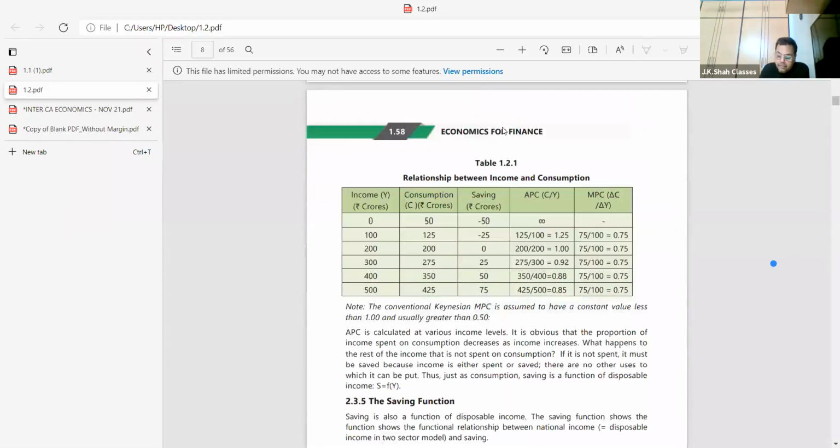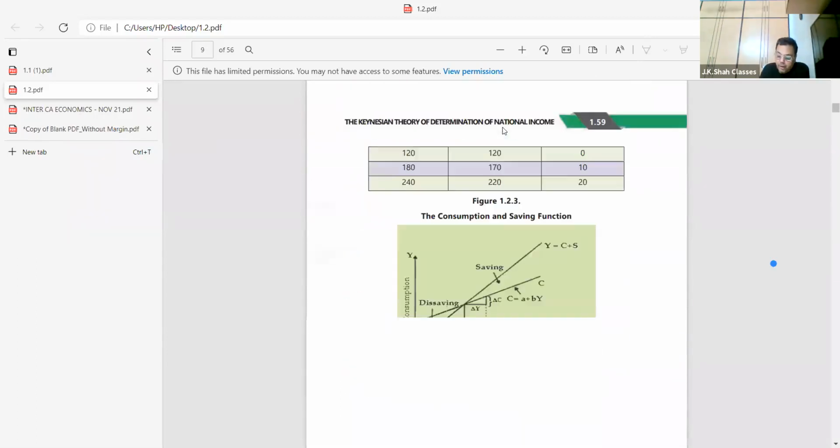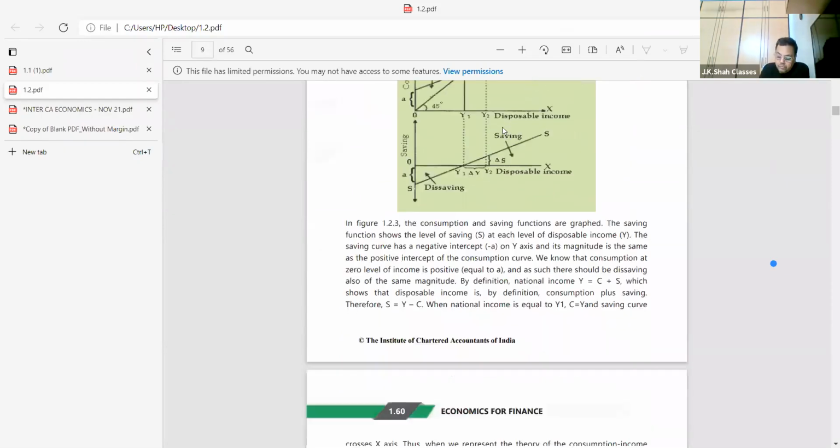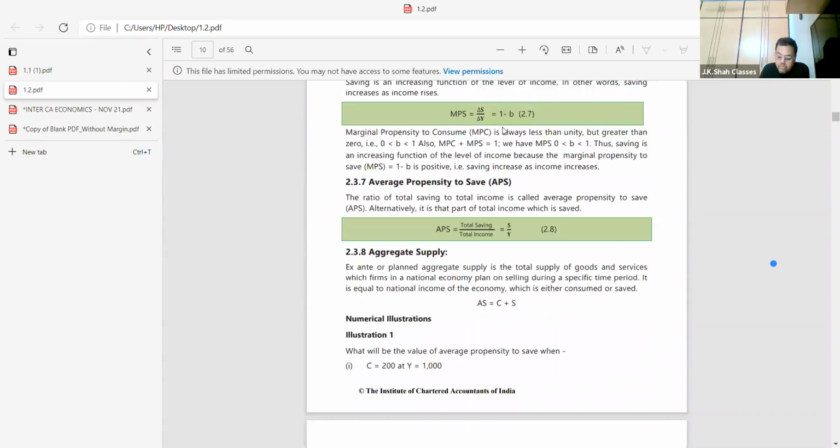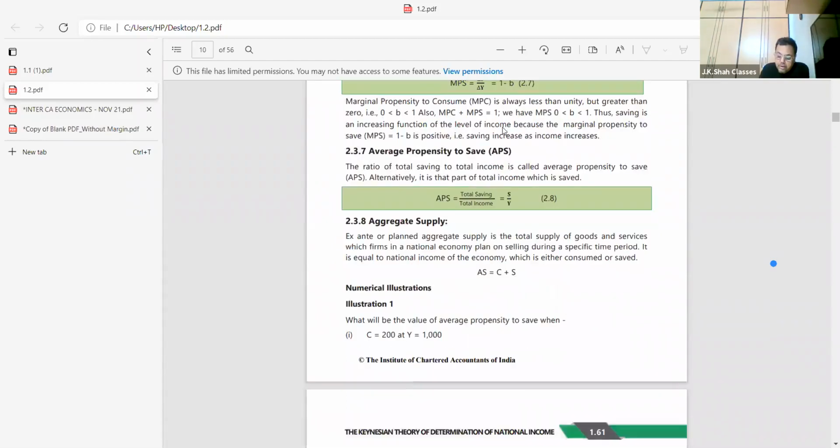Look here. Page number, students, 1.60. Look here.